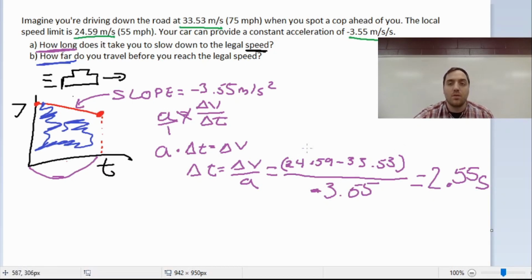The second part of this problem is this. It's asking about this, how far, this area on the inside here. Now, there are 2 ways you can go about this. The first is to split it into parts, like so, with the triangle up here and the rectangle down here.